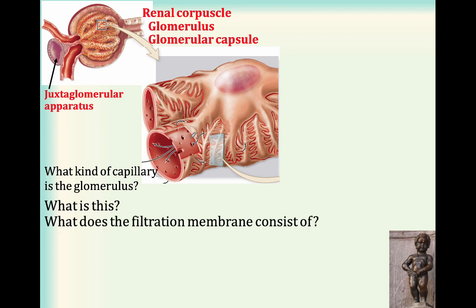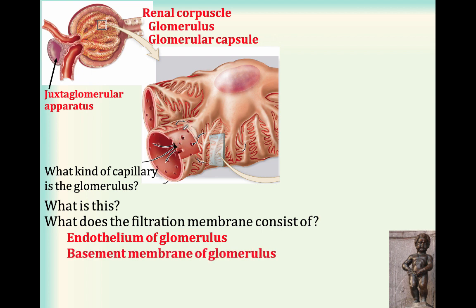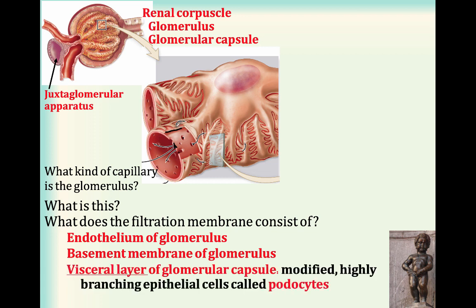Okay, the filtration membrane actually consists of three different parts, a part that you can't see here. And so the endothelium of the glomerulus, as we just mentioned, and there it is, there's that endothelium. There's basement membrane here that you can't quite see. I guess this is supposed to represent the basement membrane. And then finally, on top of that basement membrane, you can see the visceral layer of the glomerular capsule.